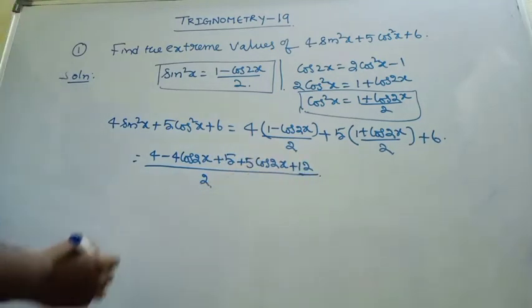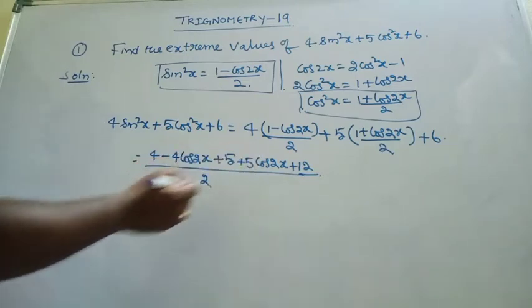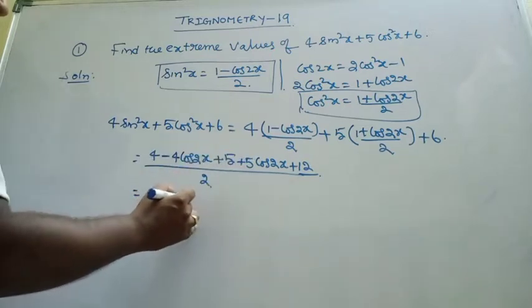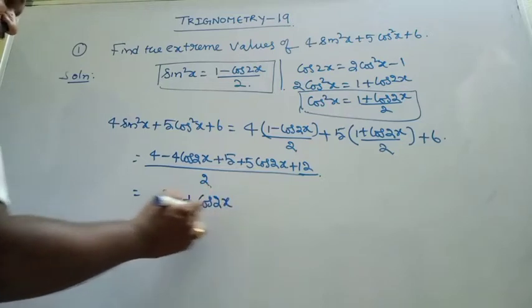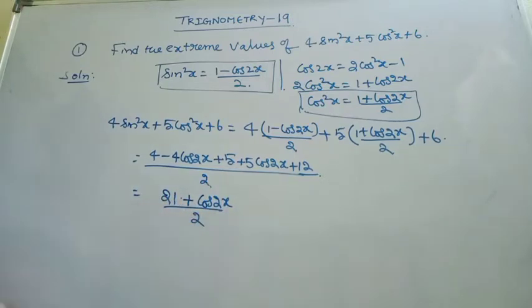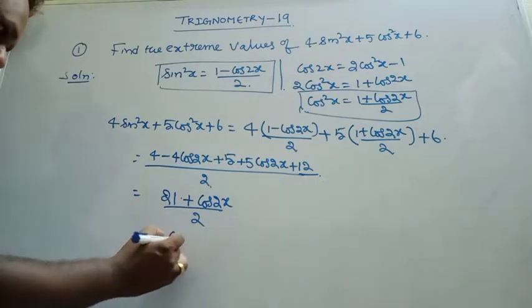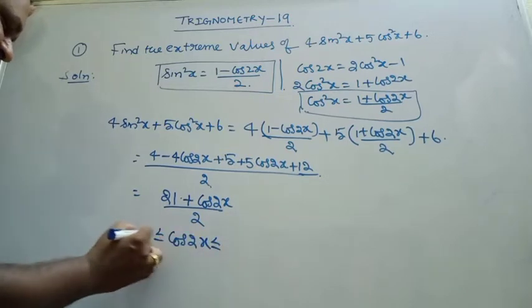Now 4 plus 5 is 9, and 9 plus 12 is 21. So we get 21 minus 4 cos 2x plus 5 cos 2x, that becomes 21 plus cos 2x, all by 2. Now the values of cos 2x lie between minus 1 and 1.